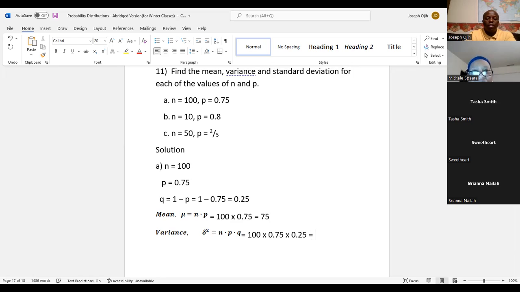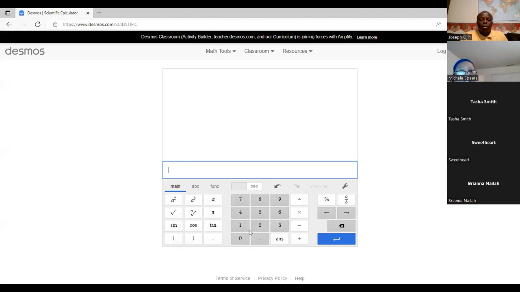So we can get it from the calculator. So n is 100, right? And so 100 times 0.75 times 0.25, 18.75. So we got 18.75.